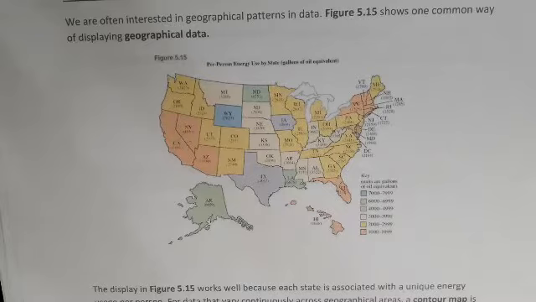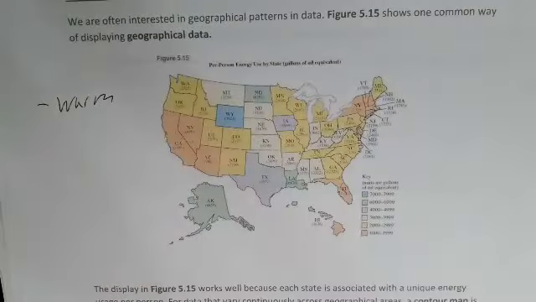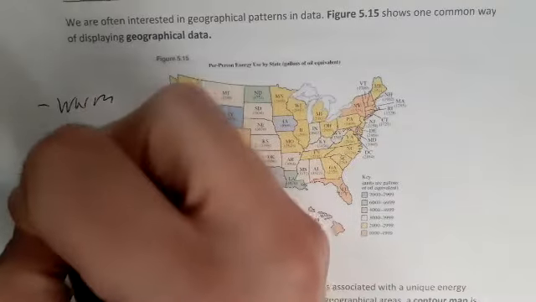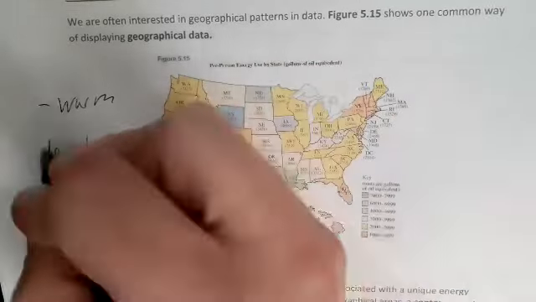The book says this is not easy to recognize, but there are two factors: they tend to be farther south, warmer states, or densely populated. That's not spelled right.